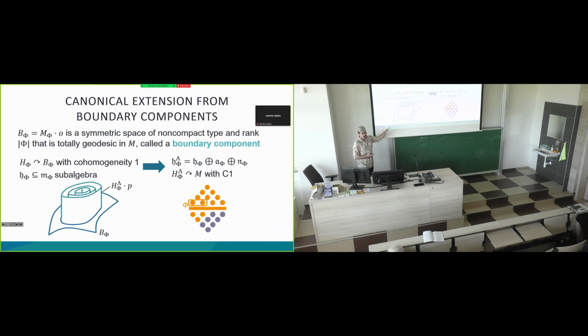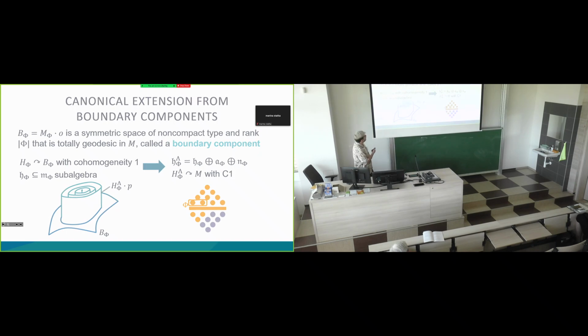So this is an easy way. We have here in the smaller manifold an action with a singular orbit to produce an action with a singular orbit on the ambient space. This is what is known. It was introduced by Bernhard Tamaru as the canonical extension of an action in a boundary component.